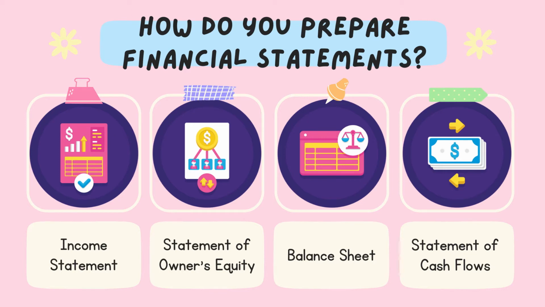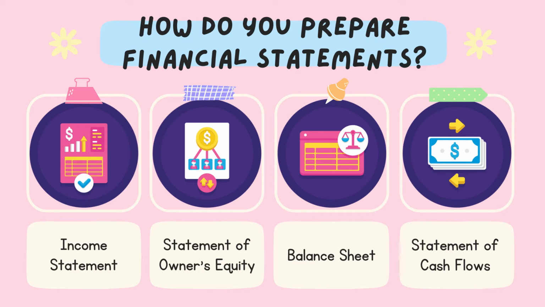The third statement is the balance sheet. The balance sheet reports the business entity's economic resources, assets, the amount of debt owed to creditors, liabilities, and the net worth of the entity, equity.